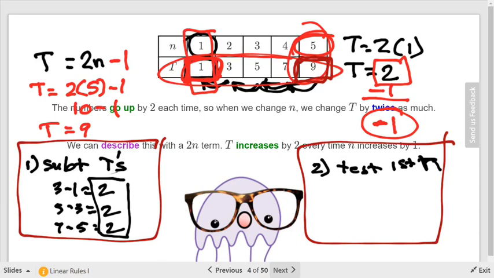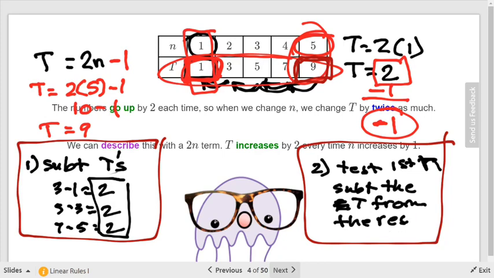You test the first number, subtract the t from the result, and see, do you need to add or subtract to get what your real value is? So again, you're just going to be subtracting twice. First subtract t's, then test your first number and subtract your t from that to see. So you're always subtracting the same things, the t's.